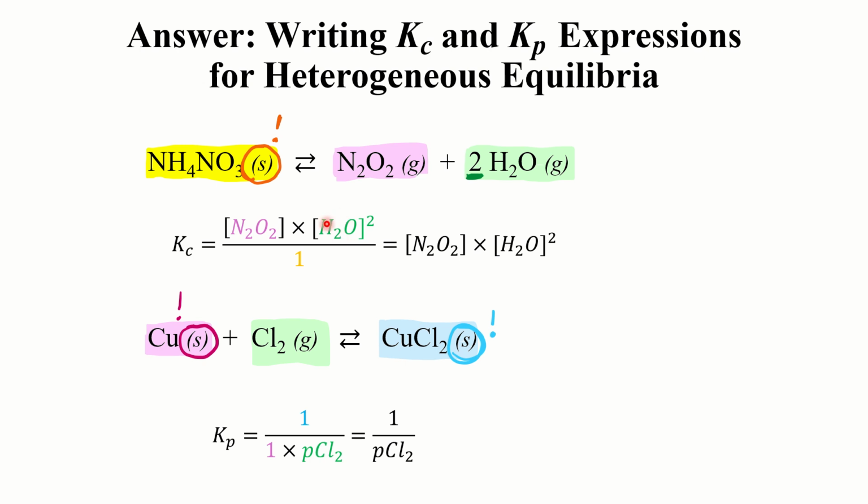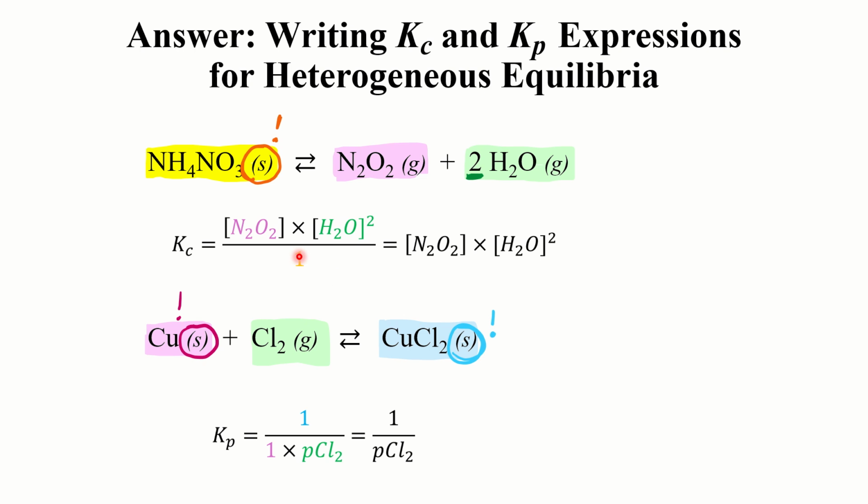For the one down below here, I'm going to show you what the Kp looks like. So I see that I've got two reactants: solid copper and gaseous chlorine. And then my only product is also a solid. So if I write Kp, Kp would be equal to 1 divided by 1 times the pressure of Cl2. This simplifies to just Kp equals 1 over PCl2.